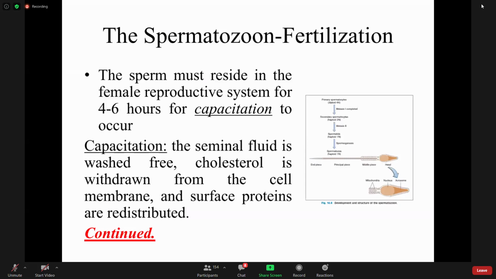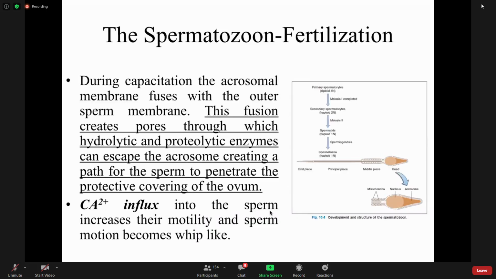In addition to this, surface proteins are being redistributed. So the acrosomal membrane fuses with the outer sperm membrane, eventually creating a pore in the head from where the drilling enzymes of the acrosome are going to escape to penetrate the ovum in occasion of fertilization.